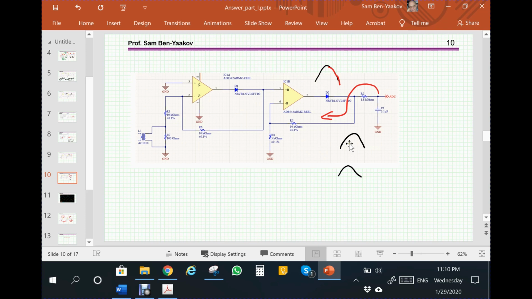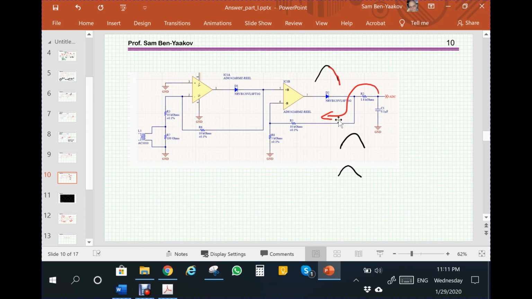So therefore, rather than getting at the output a nice waveform, you'll get something like that, because here it's sort of depending on the discharge, RC discharge here, rather than the controlled current sinking of the amplifier that would cause this to follow the exact required waveform.